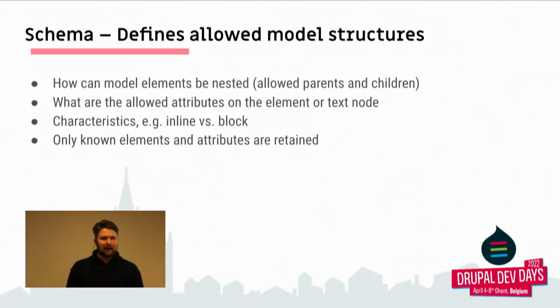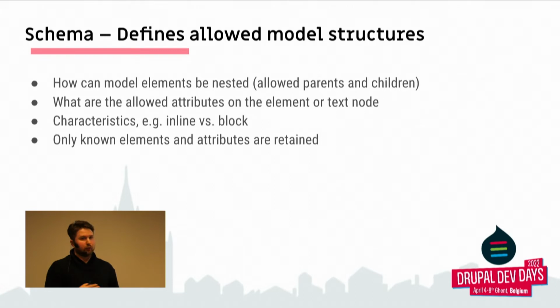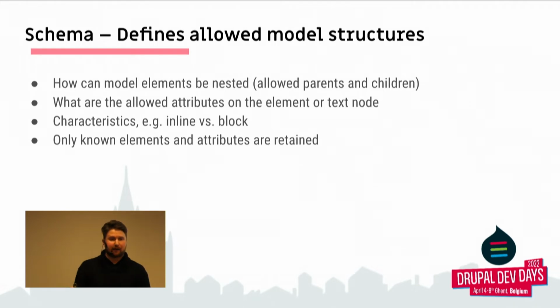So let's say you allow an H1 and a P element. Any combination of valid HTML with those elements would be accepted from CKEditor 4's perspective. But with the CKEditor 5 data model, you can provide stricter rules on top of that. For example, you can say that a paragraph can never be inside a heading.